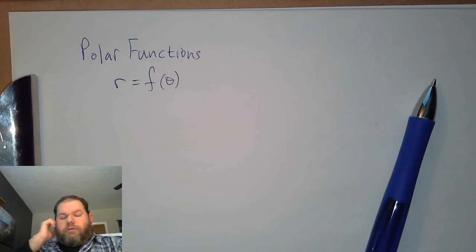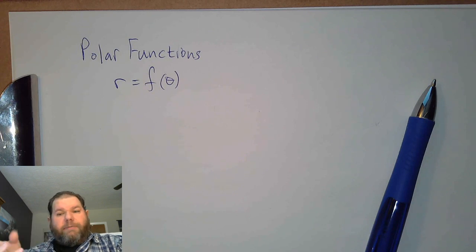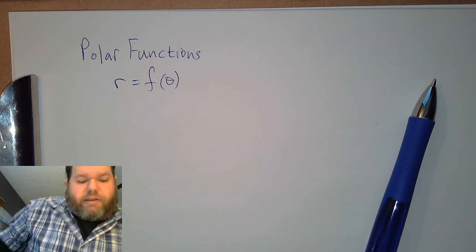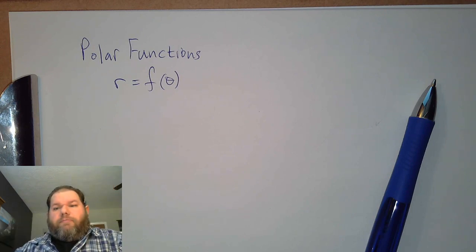So even though we say it's r comma theta as a coordinate, we actually use theta as the independent variable and r as the dependent variable. It generally works better that way than the reverse, because the reverse is much harder to do on a regular basis.